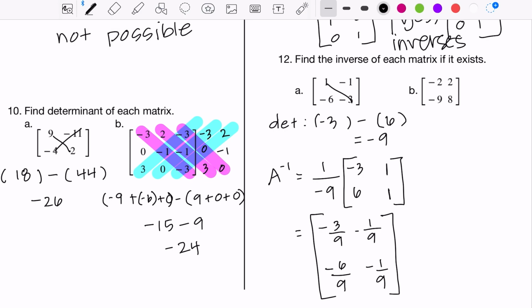And then we're going to reduce those. So we get negative 1/3, negative 2/3, negative 1/9, and negative 1/9. And we could also check that in the calculator.